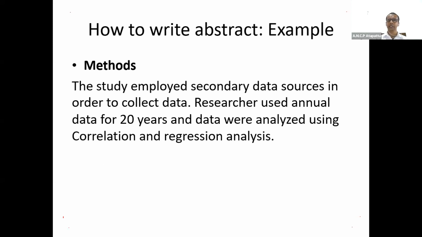And annual data for 20 years, or you can write the customers or the employees, 250 you have selected, like that, write under the methods. Clearly write your method in the abstract. Otherwise, you are doing the rest of the parts properly but your abstract is very weak, then it is pointless. And include your analysis technique.